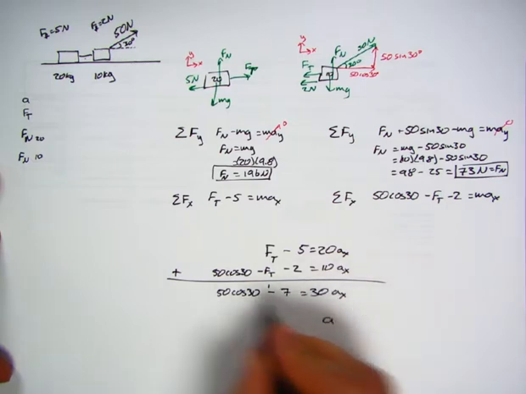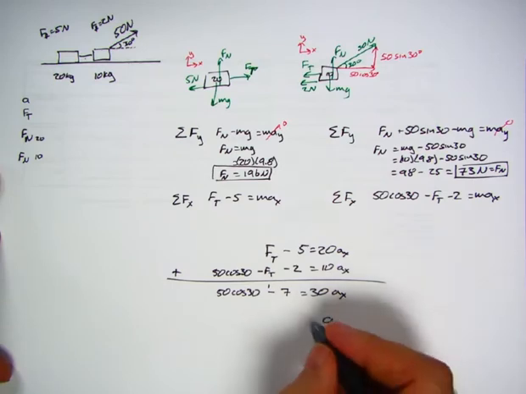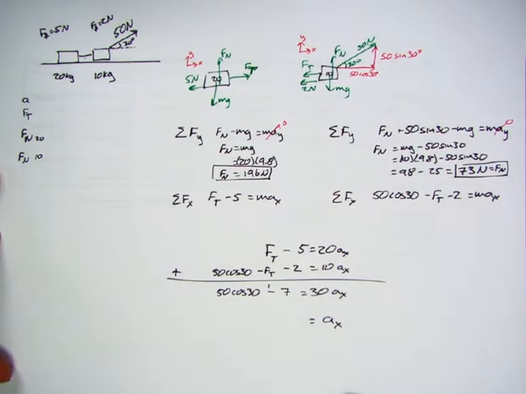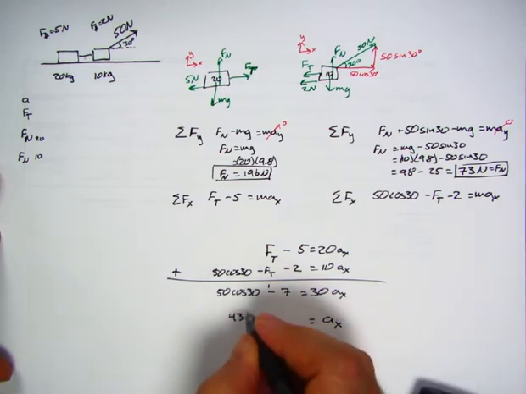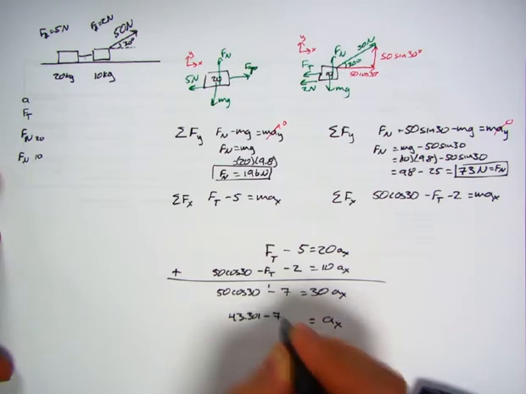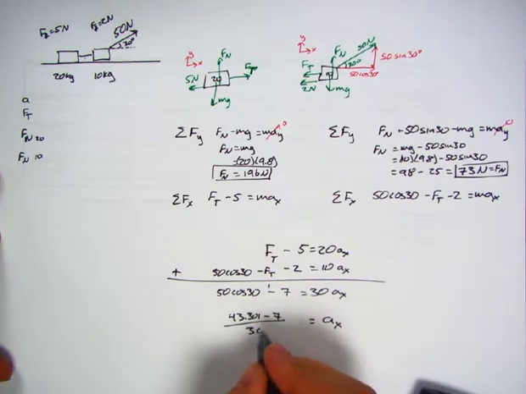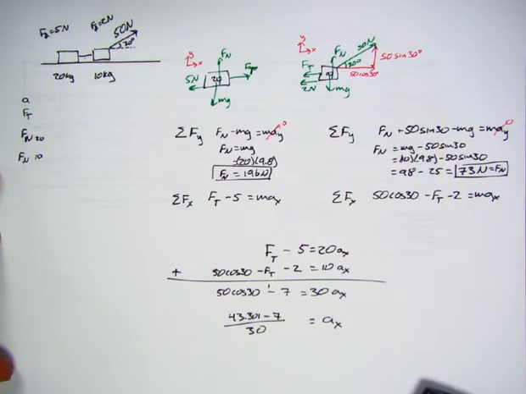And so now just doing the math, we can solve acceleration in x: cosine of 30 times 50 is 43.301, minus 7, divided by 30.